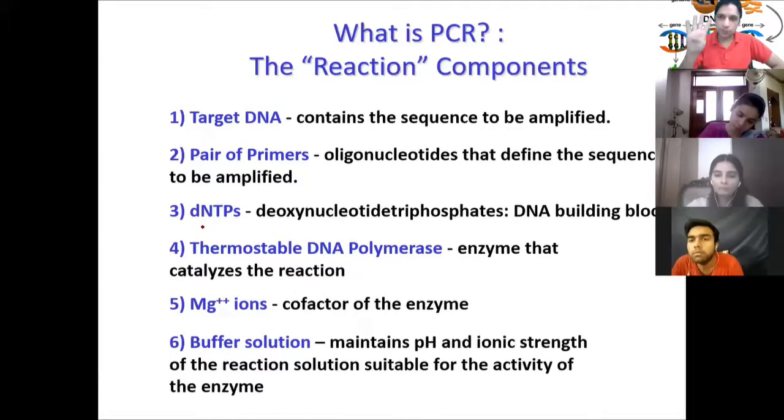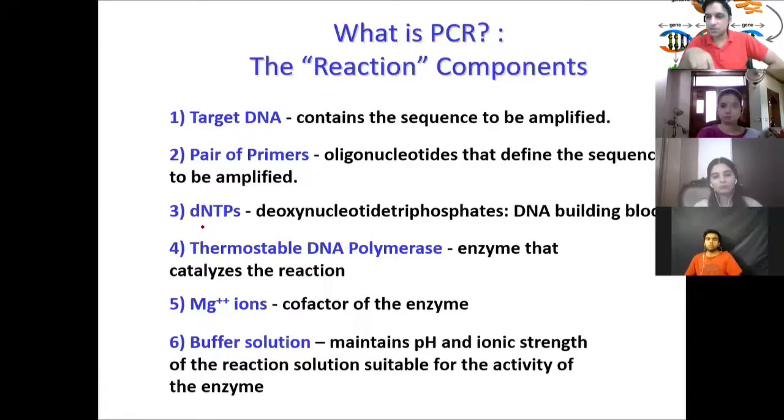Remember, if you want to show the 4 bases together in one word, you can use N. Actually, they are dATPs, dCTPs, dGTPs and dTTPs. So the mixture of all the 4 bases together is called dNTPs. Then you need an enzyme, for example, a thermostable enzyme, the enzyme which can survive at high temperature.